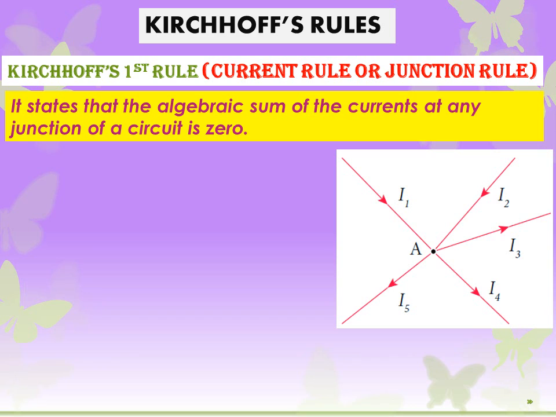So we have to return the current. That means the government or the EB board allowed 230 volt for us to acquire at that particular time, but we are not ready to acquire that 230 volt at that time. So we take only 60, 70 or 100 volt and we leave the current in that same line.